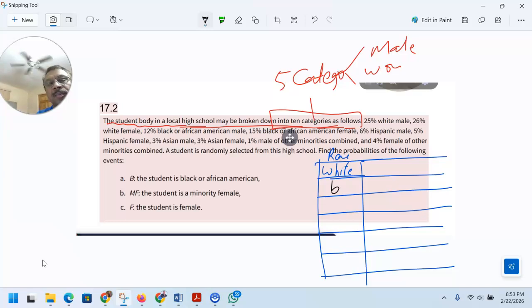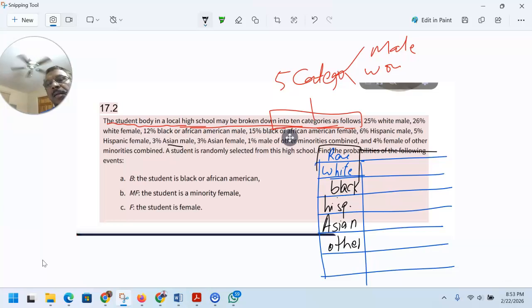This is black, then Hispanic, then Asian, and then others. This is the fifth one, others.